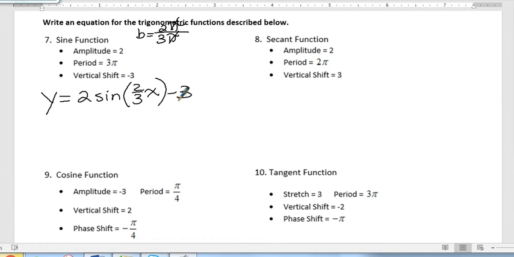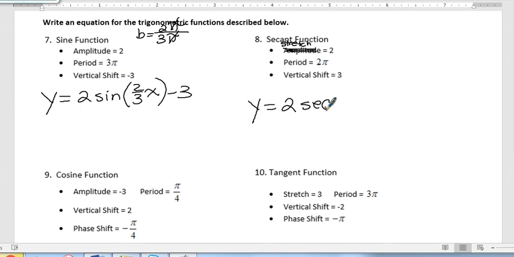Moving on to number 8, we're looking to write this as a secant. This really shouldn't have had the word amplitude. It should be stretch, because secants do not have an amplitude. They continue on and on forever. So I'm looking here. We're going to go y is equal to 2 times the secant. So if I think of secant, it is the reciprocal of cosine.